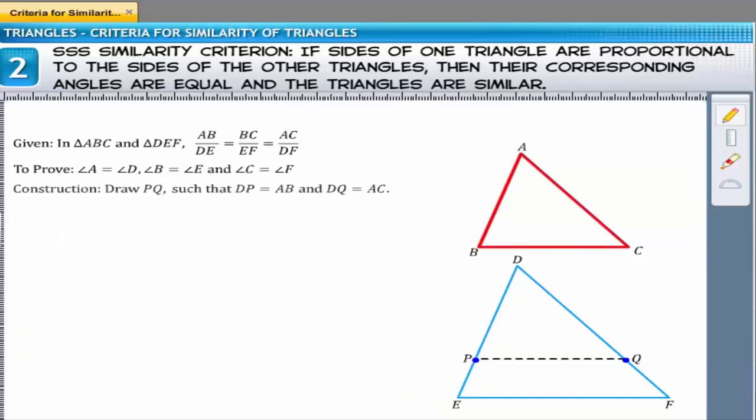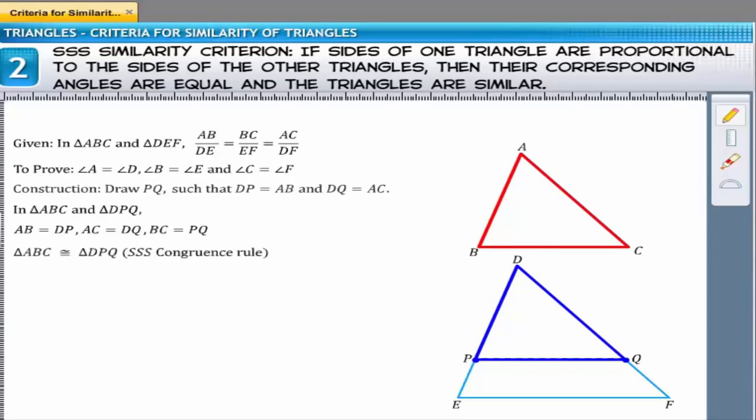In triangles ABC and DPQ, by construction, AB is equal to DP and AC is equal to DQ. Therefore, we are able to prove that BC is equal to PQ. Hence, triangle ABC and triangle DPQ are congruent by the SSS congruence rule.